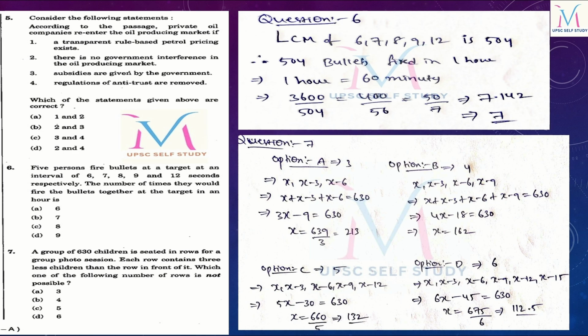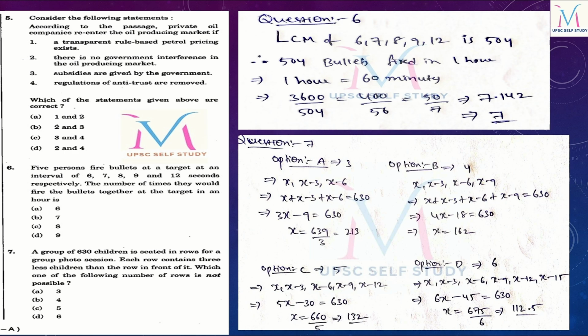So if we add all these, x plus x minus 3 plus x minus 6 is equal to 630, right?